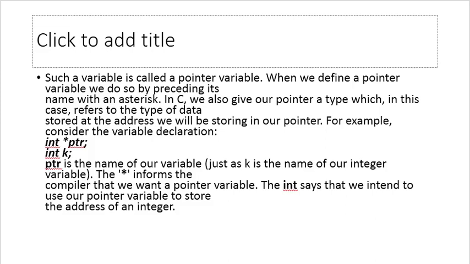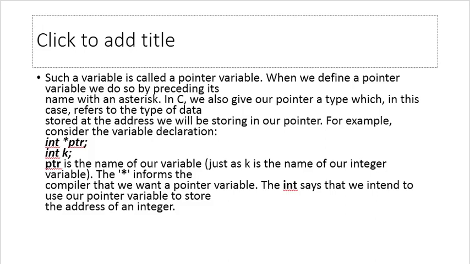Such a variable is called a pointer variable. When we define a pointer variable, we do so by preceding its name with an asterisk. In C, we also give our pointer a type, which in this case refers to the type of data stored at the address we will be storing in our pointer. For example, consider the variable declaration: int is the data type, asterisk for pointer, and ptr is the name of the pointer.